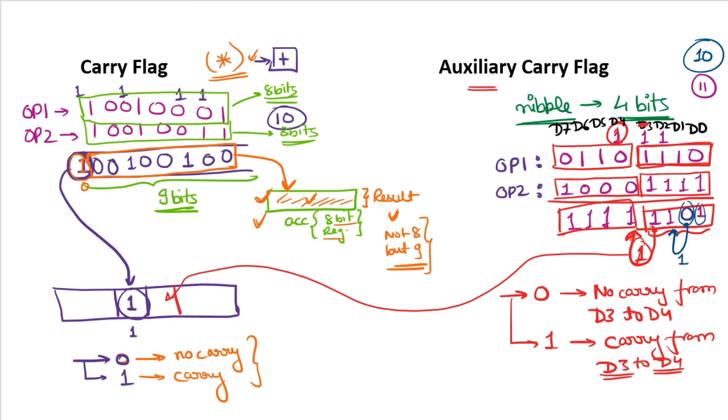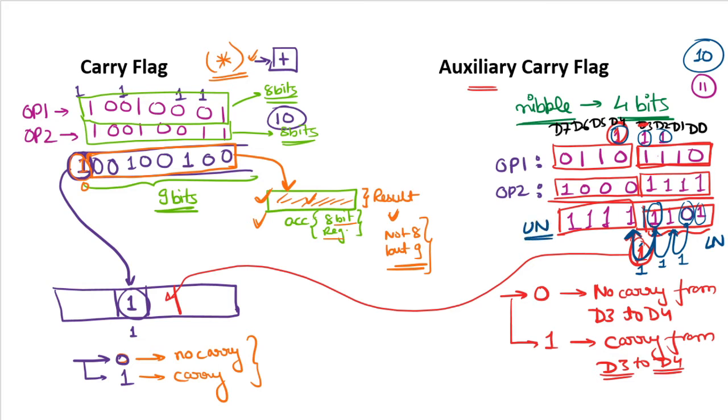Similarly one bit was carried from D2 to D3. Then one bit was carried from D3 to D4. Whenever one bit is carried from D3 to D4, we can also say that one bit is carried from lower nibble to upper nibble.